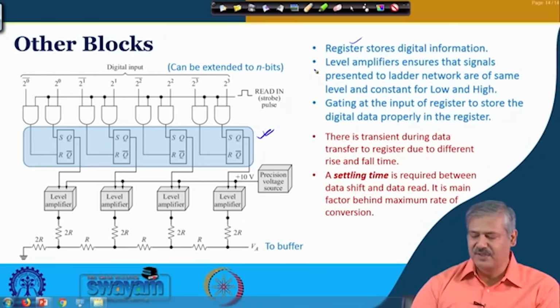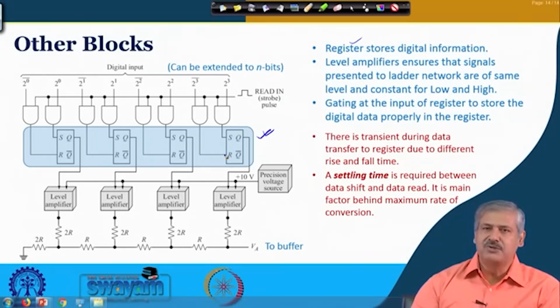Is it clear? Okay. So, this register stores the digital information. As long as the input is not changed, the output remains true, so the value is not changing. This is important, that the output remains stable. Based on this value, this is high or low.